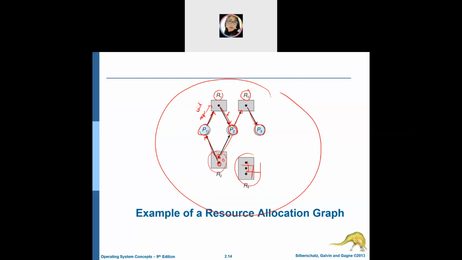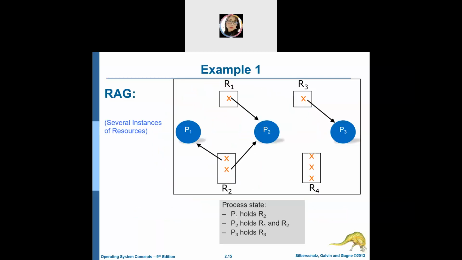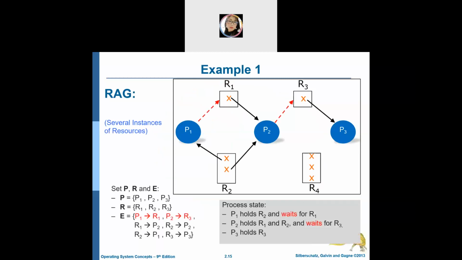If you have 3, it can be owned by 3. But if you have 1, it can only be owned by 1 and the rest need to wait or just request. So the example here has been discussed in terms of RAG, a simple one. After this, you're going to go deeper into RAG.